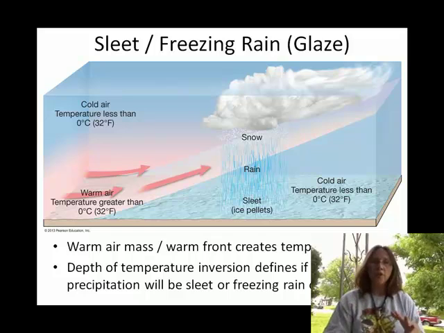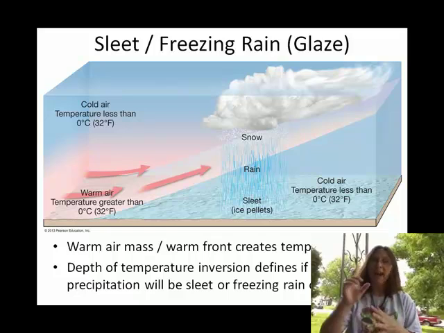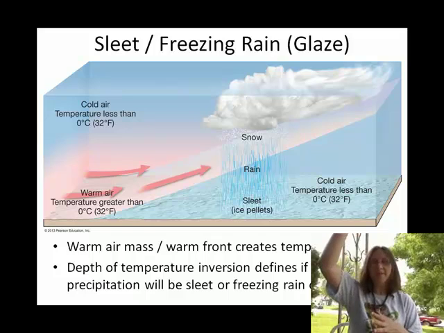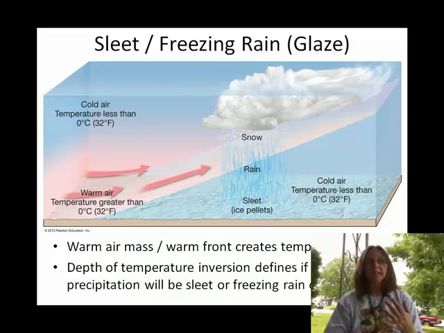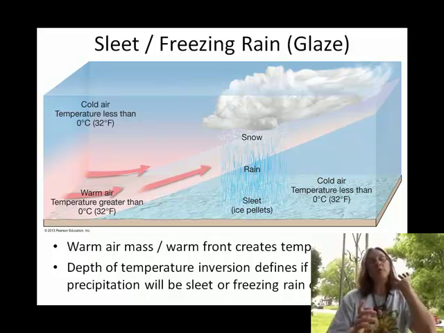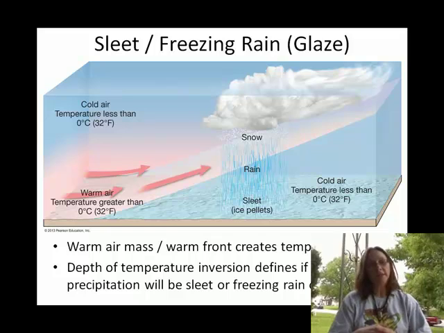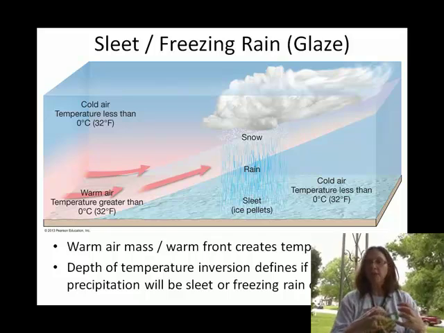So hopefully you're okay with sleet, which is basically little ice globules that have refrozen after melting, after being solid snow crystals. But sleet and freezing rain both need a pocket of cold air. When we talk in a later chapter about fronts where air masses collide, that's what's being shown here.